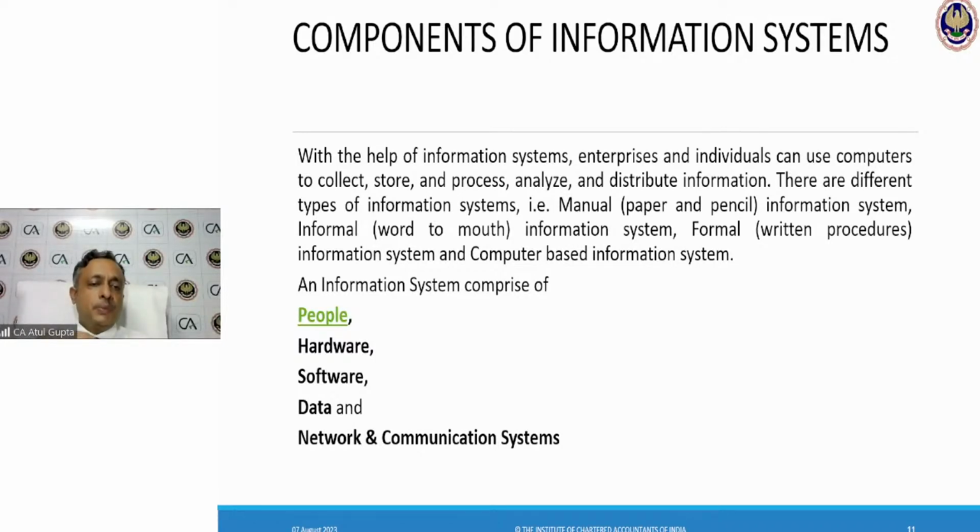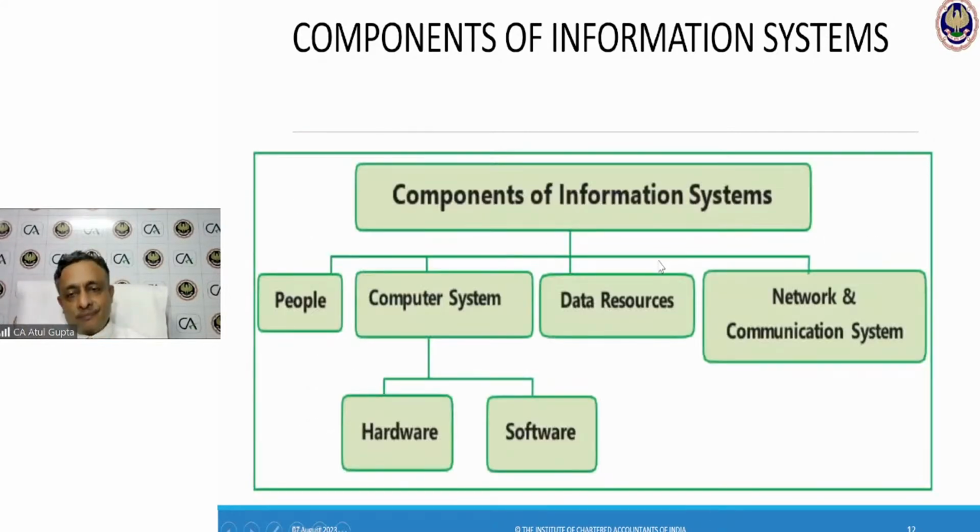That includes people, hardware, software, data, network, and communication. So let us take each one by one. This is how it looks graphically: components, people, computer system, data resources, network, and communication. Within network and communication, you include hardware and software.